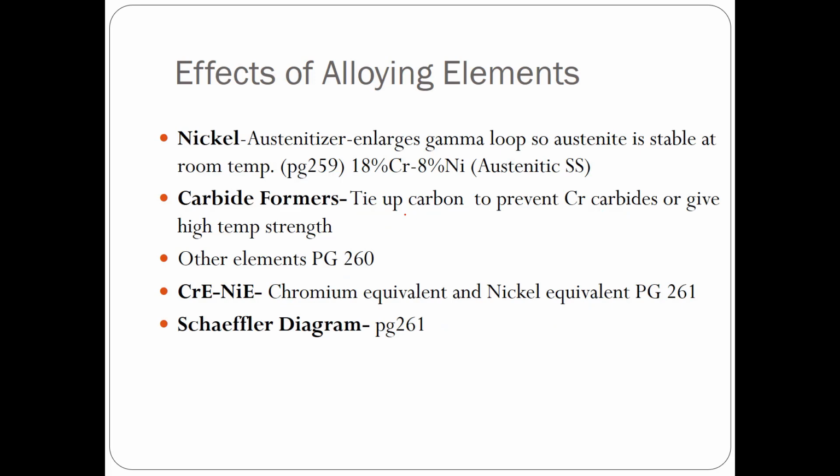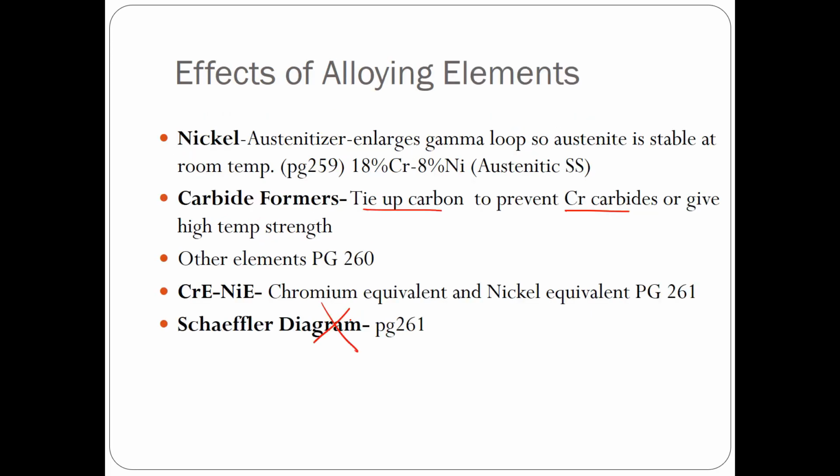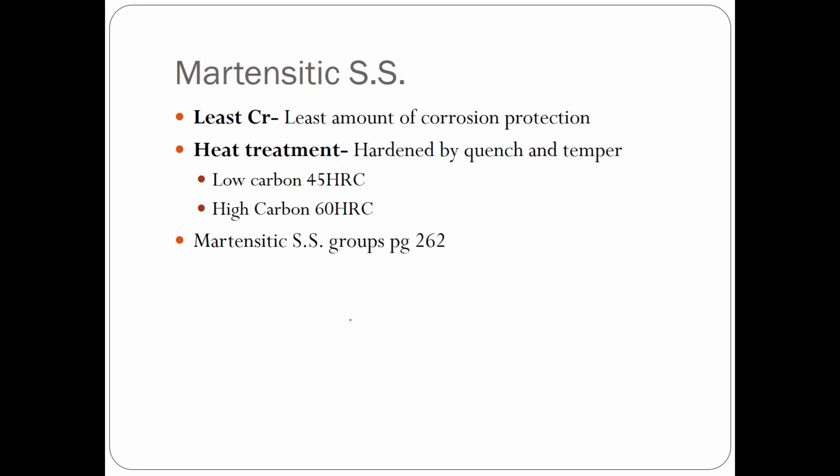Carbide formers tie up carbon, prevent chromium carbides, which we call these stabilized grades. I won't ask any questions about the Schaeffler diagram, although if you get into working with stainless steels from the design standpoint and selecting alloys and welding these, you're going to be using some sort of constitutional diagram, which I had mentioned before. The Schaeffler diagram is the one the book talks about, but there are several of them.